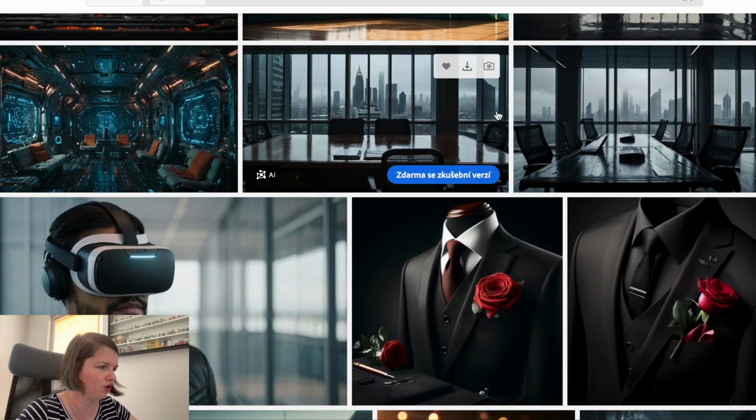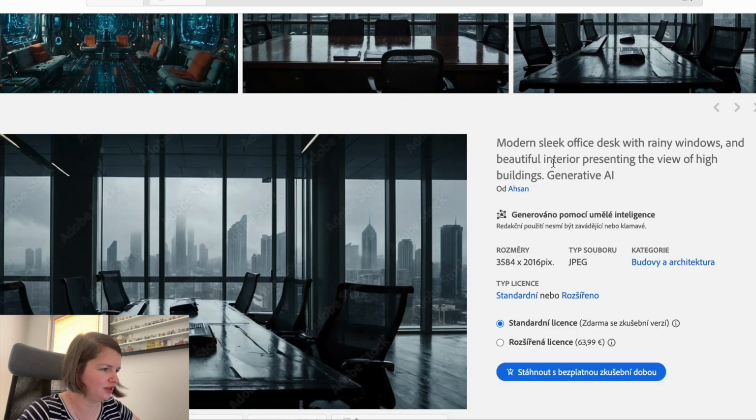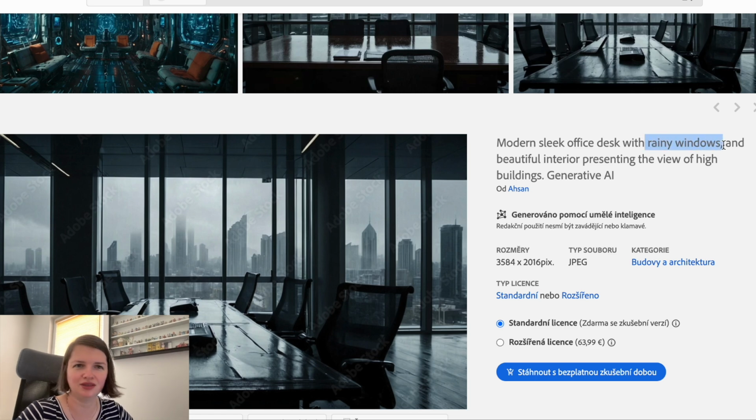Again, the office images. Why? Because I've read it in the description. You are saying rainy windows, but why is it rainy? Why is it dark? Why are we in this negative mood? And if there is a reason, like a conceptual thing, then right, but why is it doom and gloom?